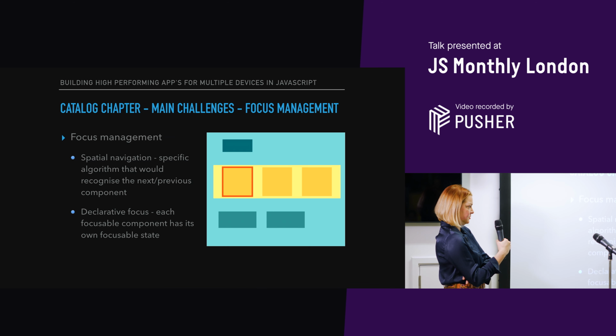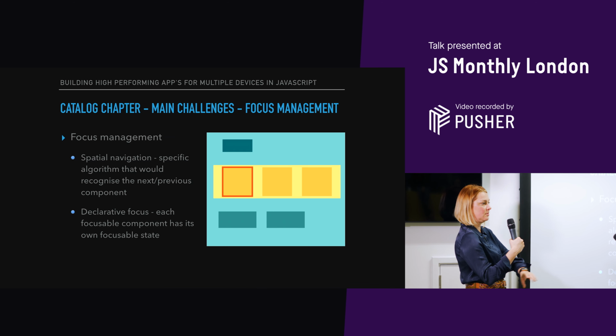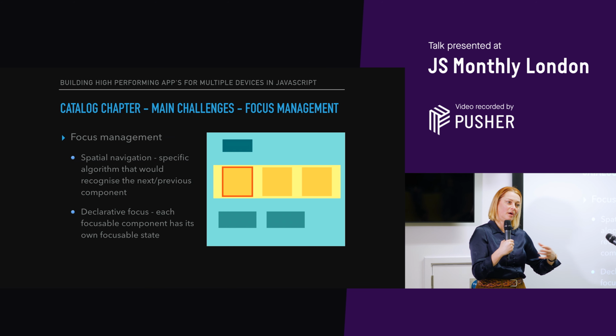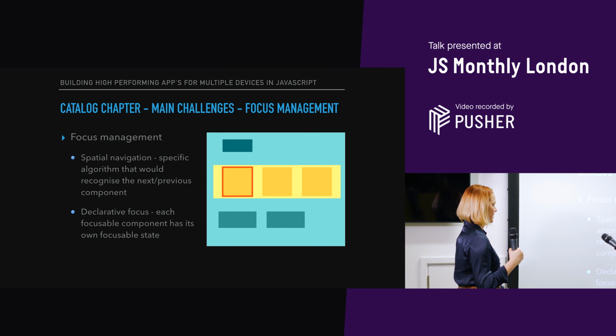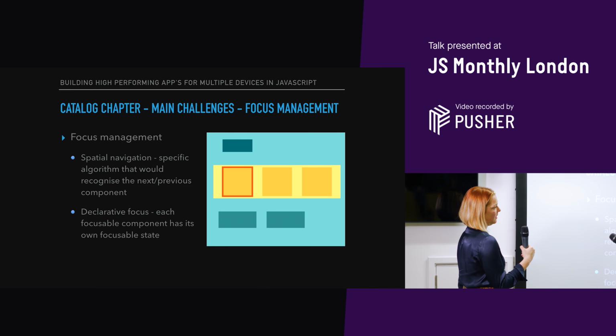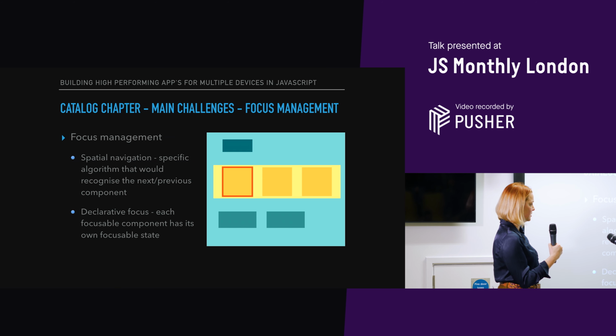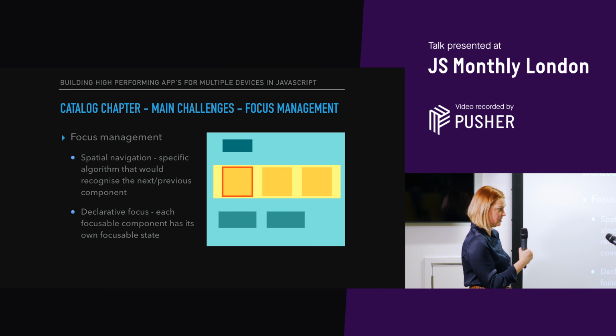Special navigation is a special algorithm that would recognize the nearest component. It can be really smart. However, we think that we cannot apply a special navigation into our application, especially because UX sometimes doesn't want the next focus to be on the closest component.